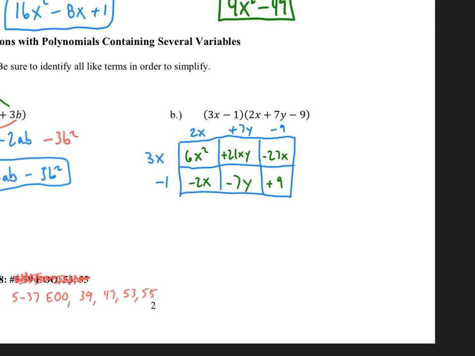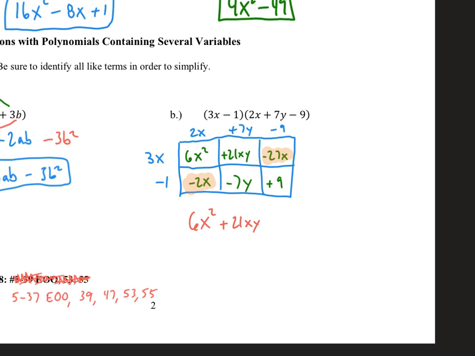Any like terms? Looks like I have some x's. So, trying to get this into standard form. Again, I see that x squared, so I'm going to start there. This one's a little weird because it has xy's and it just has x's and y's. Again, I guess I'm going to go xy next, just because there's more variables there.